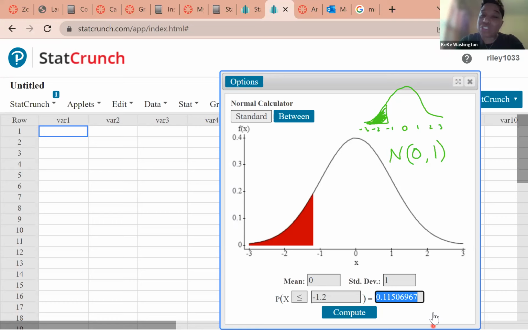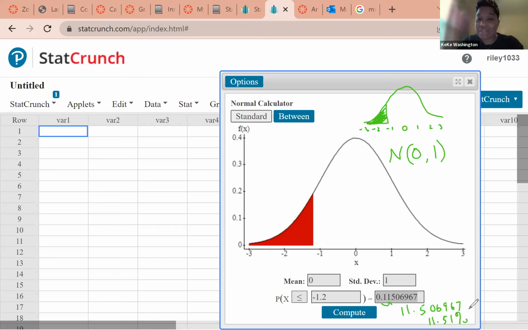But if the question says, what is the probability and you're going to round the percent to 2 decimal places, so if I'm rounding the percent, remember, to get percent I have to move the decimal 2 places to the right. Then rounding the percent to 2 decimals, that would be 11.51%.